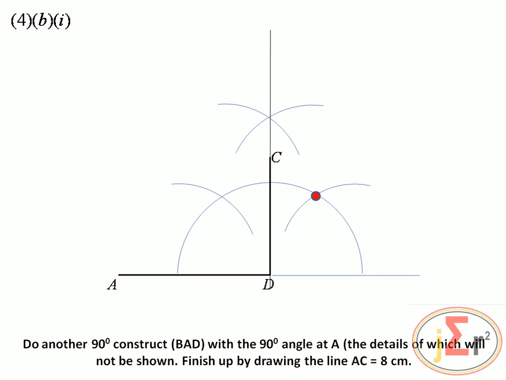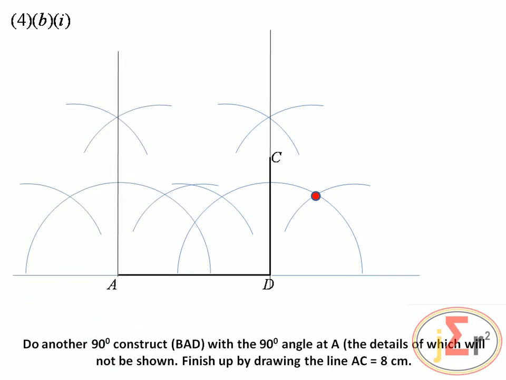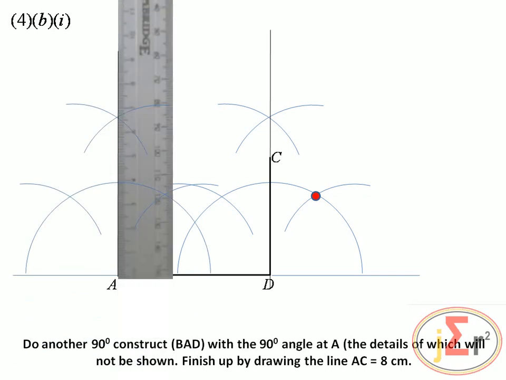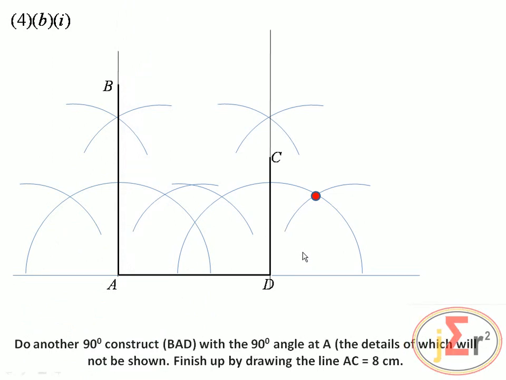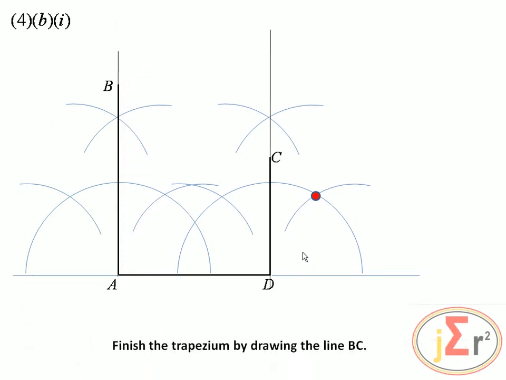And if we really need to repeat it, then we may rewind the video. So there we have the construct, and that one needs to go up by 8 centimeters. I think that this should look a bit familiar, and I will explain why in a minute. Finish the trapezium by drawing the line BC. So there we have the line BC.